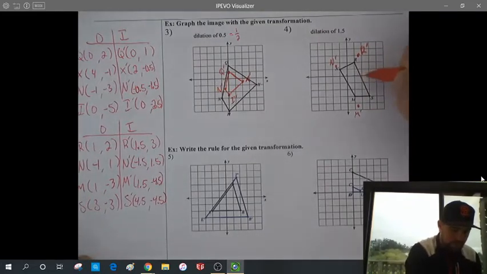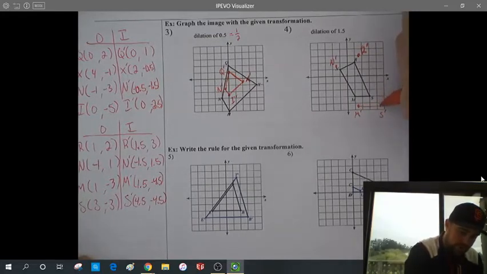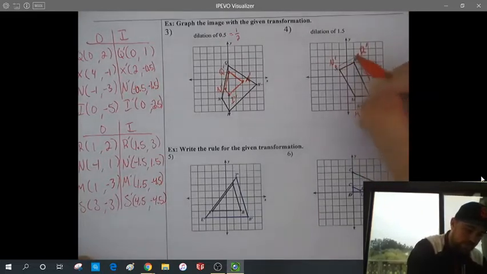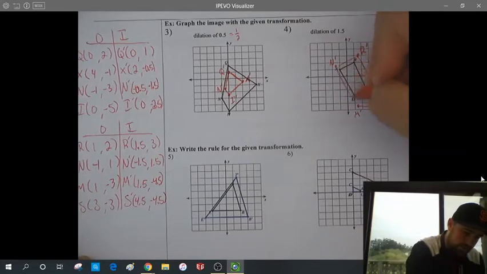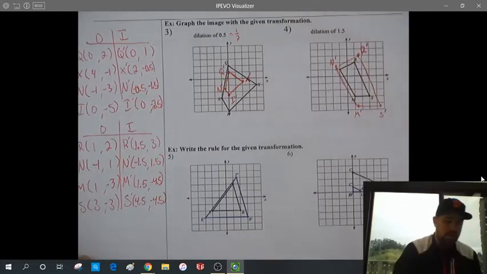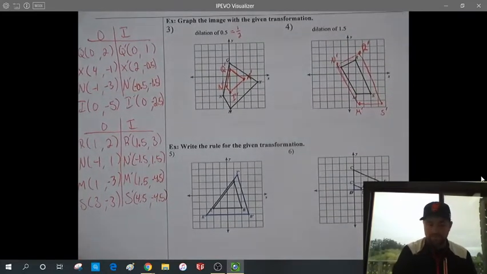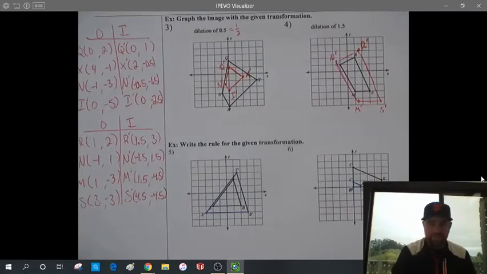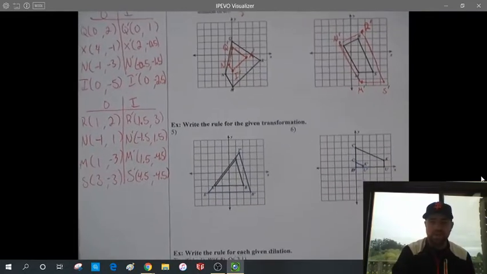And then 4.5, negative 4.5 for S prime. Connect those. And indeed, we enlarged our figure. So this was a dilation with a scale factor greater than 1, and it did make our figure larger.